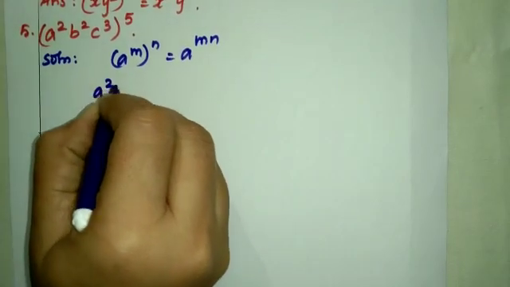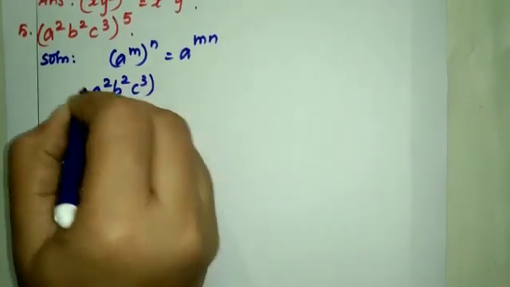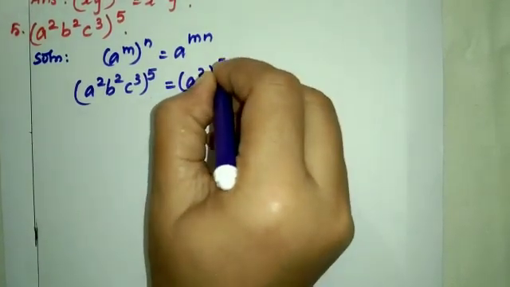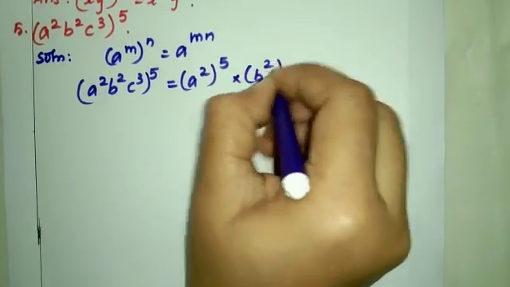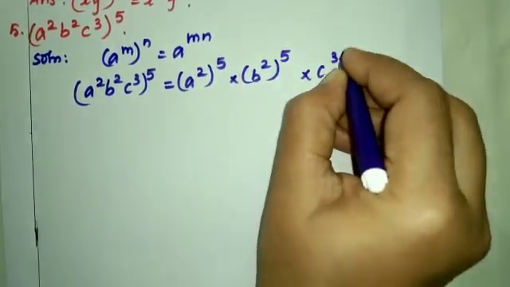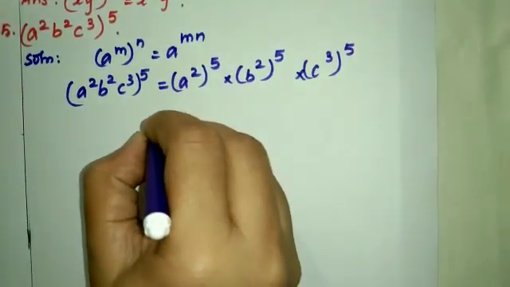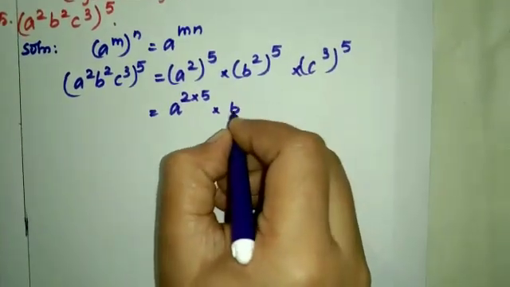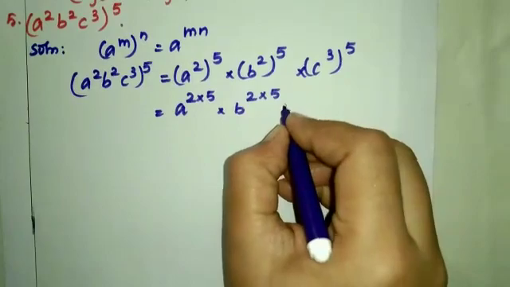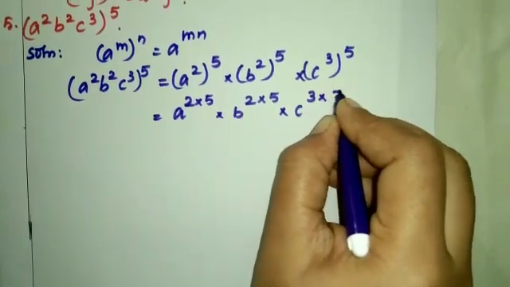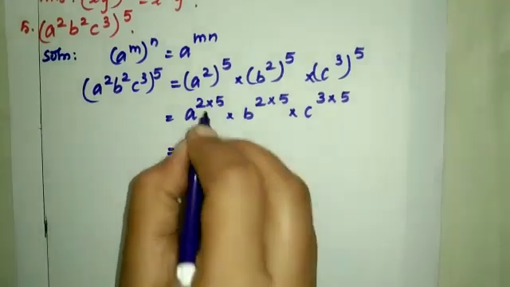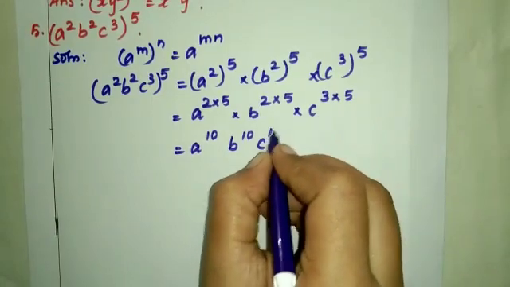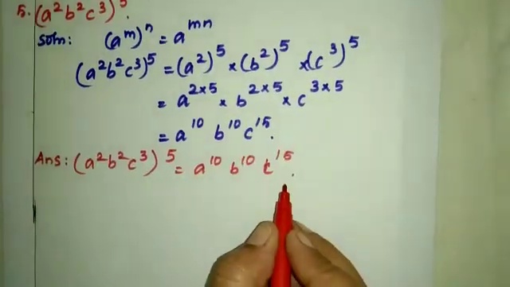The question is a square b square c power 3 the whole power 5, which is equal to a square the whole power 5 into b square the whole power 5 into c power 3 the whole power 5, which is equal to, multiply the powers, a power 2 into 5 into b power 2 into 5 again c power 3 into 5, which is equal to a power 2 5s are 10, b power 10, c power 3 5s are 15. This is the answer.